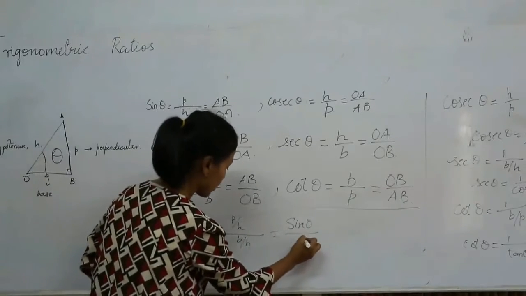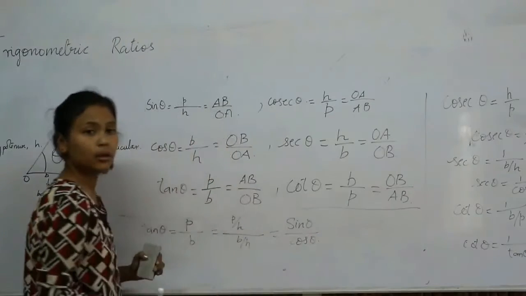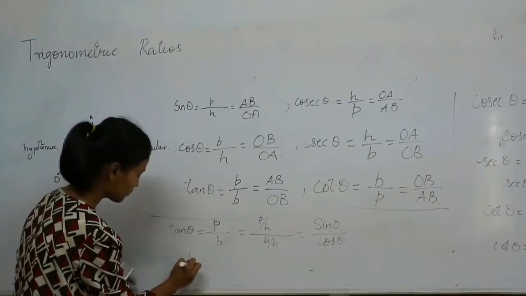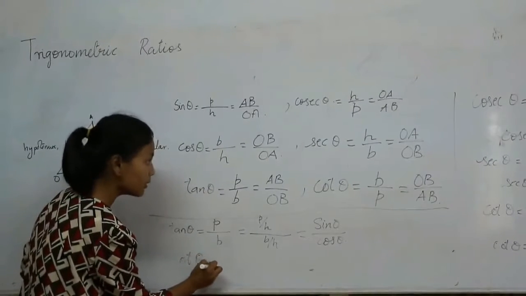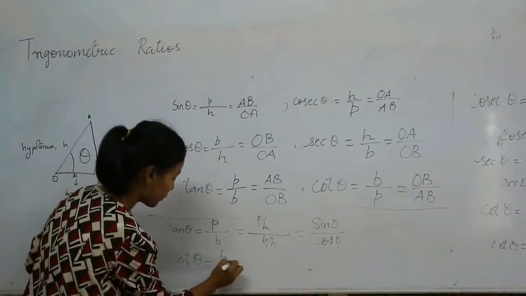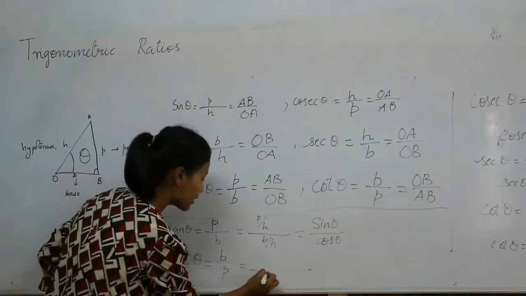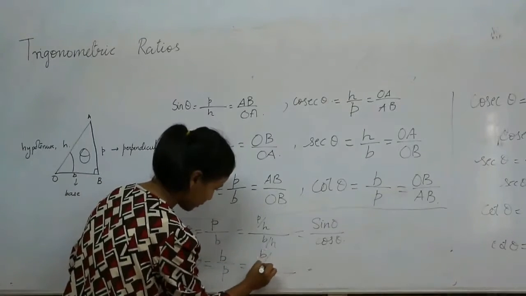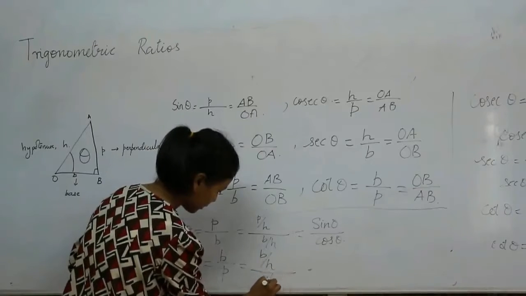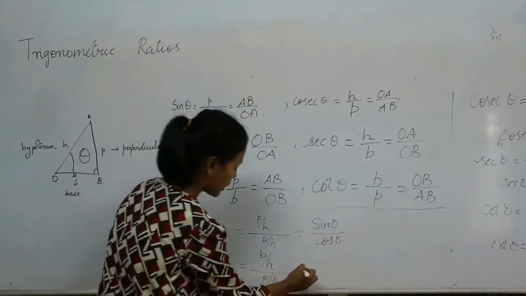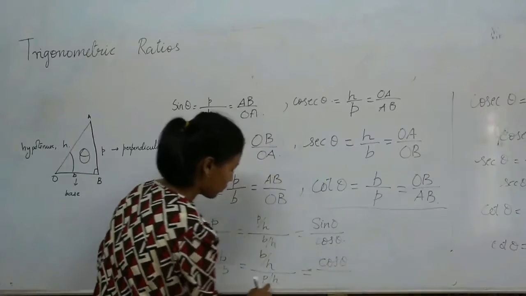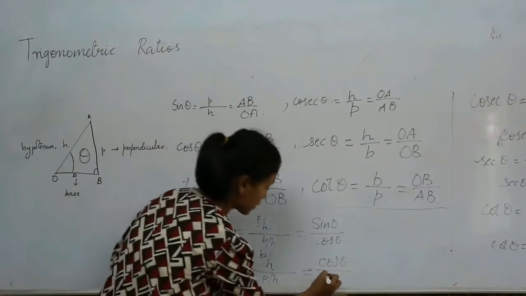So tan theta is sine theta by cos theta. Next, cot theta is base by perpendicular. Again, if I divide both numerator and denominator by the hypotenuse, base by hypotenuse is cos theta and perpendicular by hypotenuse is sine theta.